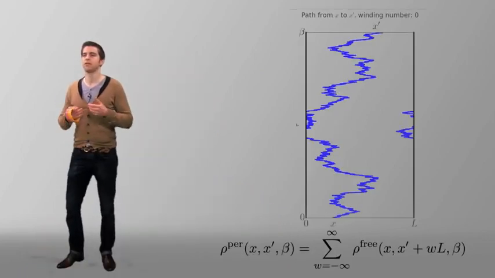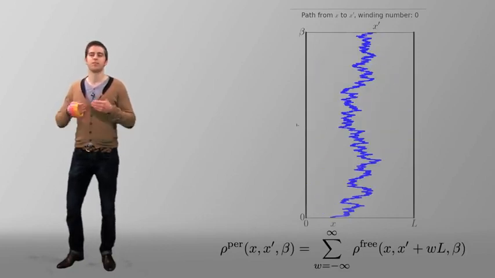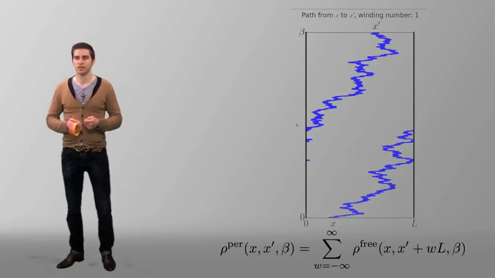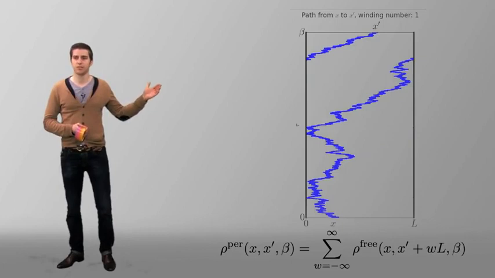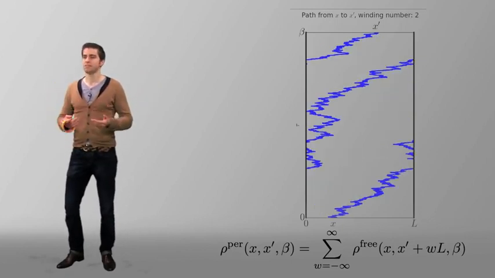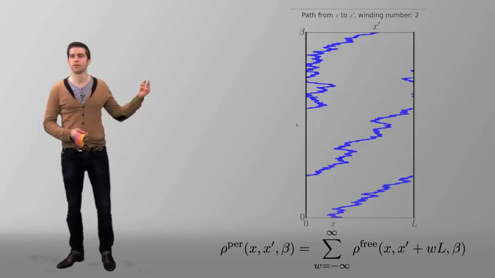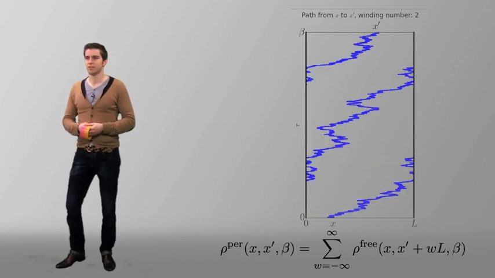The density matrix ρ of x, x prime, and beta is made up of all the paths in Feynman's path integral picture that go from x to x prime directly, plus all the paths that wind around the box once, that is, they have the winding number W equal to 1, plus all the paths that wind around the box twice, and so on for higher winding numbers.